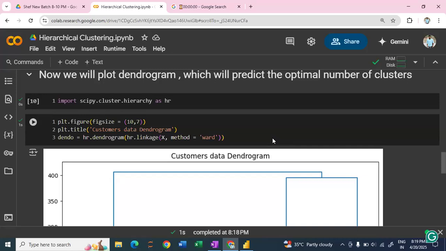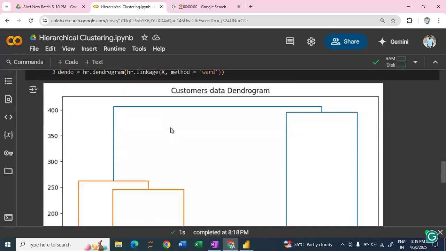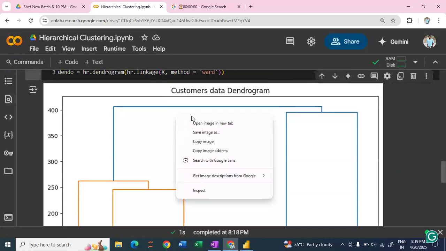Wow, super. So actually, what I'm doing here, copy image.